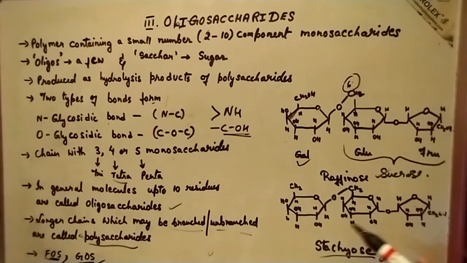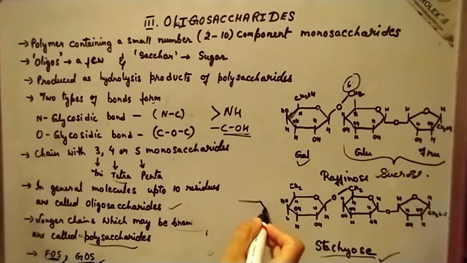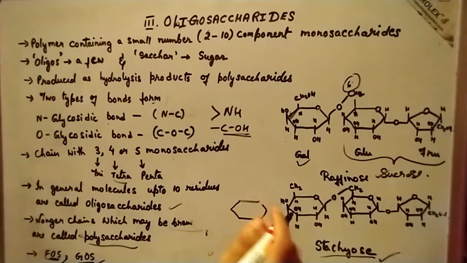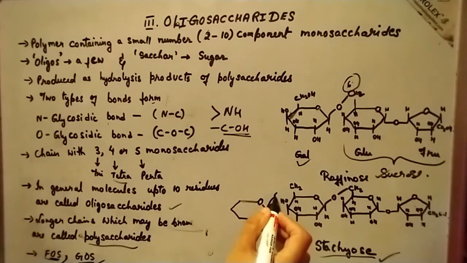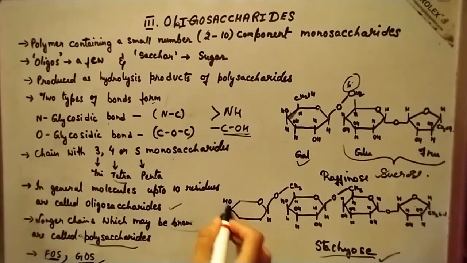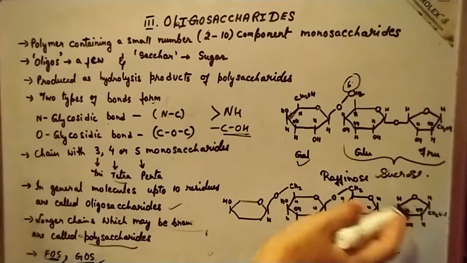In stachyose there is one more galactose. Another galactose residue is linked to carbon number 6 of raffinose.